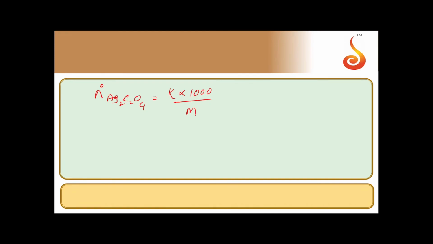We found κ as well as molarity, so 3793.8 × 10^-8 into 1000 by the molarity of the solution, which we found from Ksp, 1.442 × 10^-4. This value comes to nearly 263. So 263 is the molar conductance of silver oxalate.